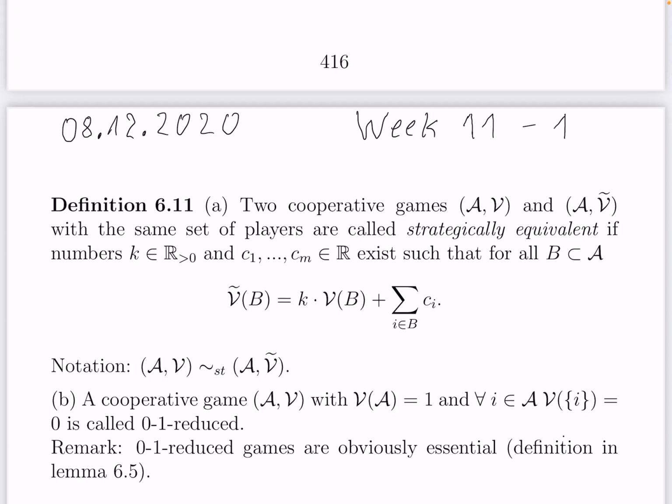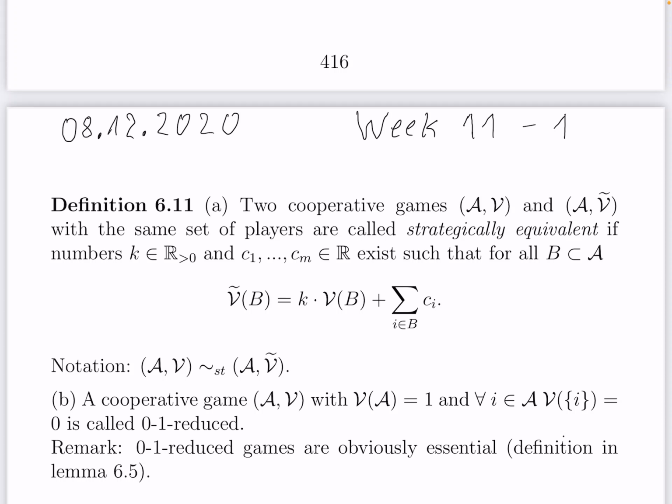The two cooperative games (A, V) and (A, Ṽ), so the same player set but possibly different coalition valuations, are called strategically equivalent if there are a positive number k and any real numbers c1 to cm such that the coalition valuations are related by the following precise equality.